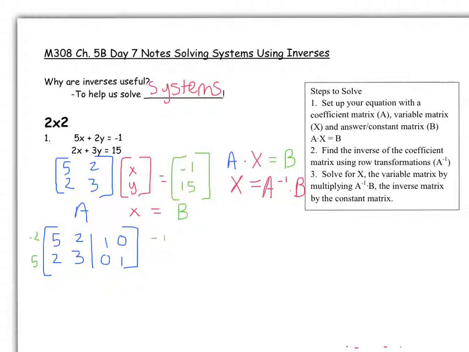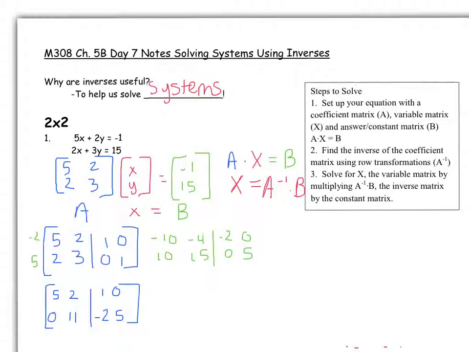So I'm going to get -10, -4, -2, and 0, and then 10, 15, 0, and 5. So if I add those together, I'm going to keep the first row the same. I'm working on getting a 0 in the bottom left position. So if I add these two together, I get 0, 11, -2, and 5.